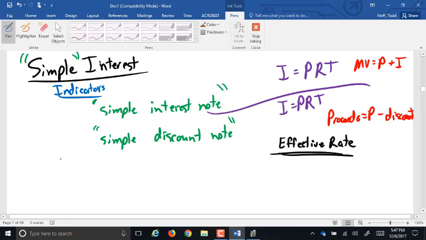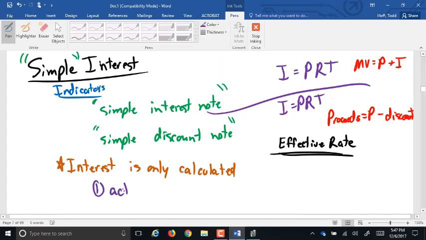Remember the characteristics of this? Interest is only calculated when there is either one, an action on the account, that would be a payment or withdrawal, or what?